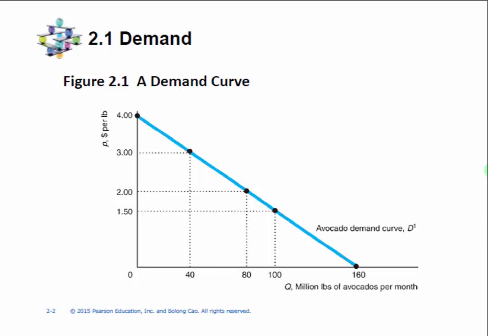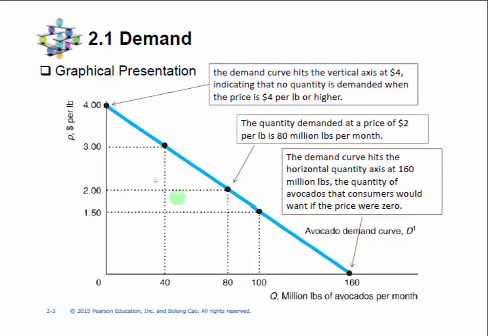The first concept is the demand curve. You may remember the demand curve is downward sloping. What it says is basically if the price goes lower, the quantity demanded will be higher. At this very high price of $4 per pound for avocados, the quantity demanded is zero on the horizontal axis.